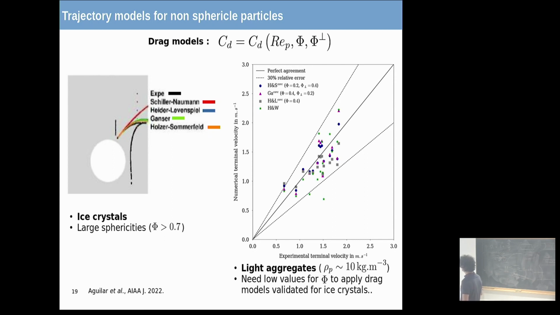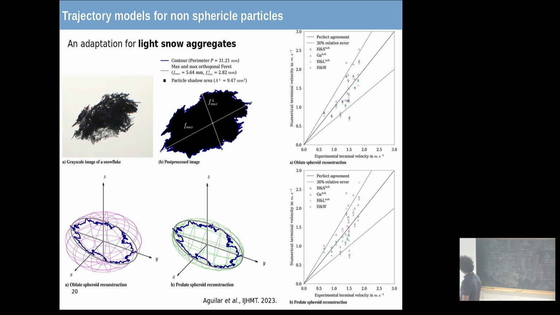So, already difficult for ice crystals, quasi impossible for snowflakes. That's why we tried another approach for snowflakes for the drag coefficient, an adaptation for light snowflakes, where we build an equivalent particle from the single picture we obtained from the flight test.